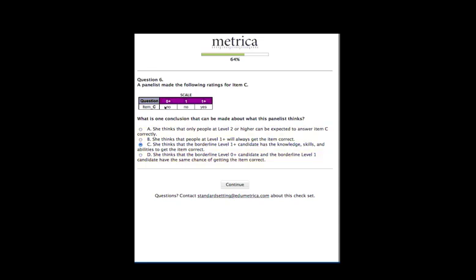Not necessarily. We know that the borderline level 1 candidate has more proficiency than the borderline level 0+ candidate. In all likelihood, the borderline level 1 candidate has a higher chance than the borderline level 0+ candidate of getting the item correct. But in this panelist's estimation, neither one of these candidates would get the item correct.